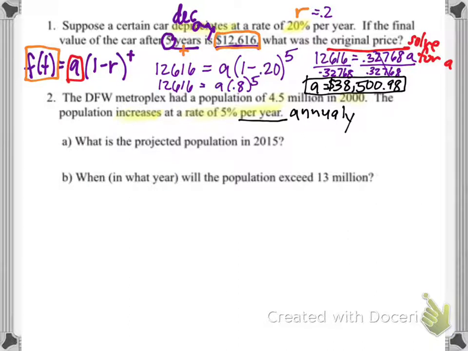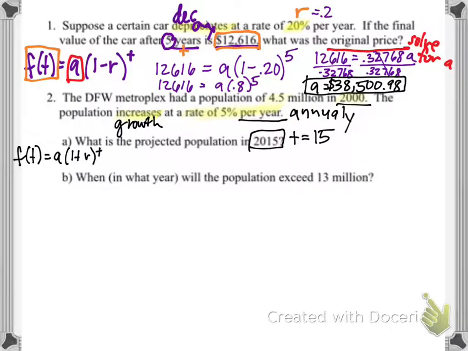It says, what is the projected population in 2015, which would mean that my time would be 15. So T would equal 15 because it starts out in 2000. It's increased, so that means that it's a growth. So I'm going to take my formula, F of T equals A times 1 plus R to the T.